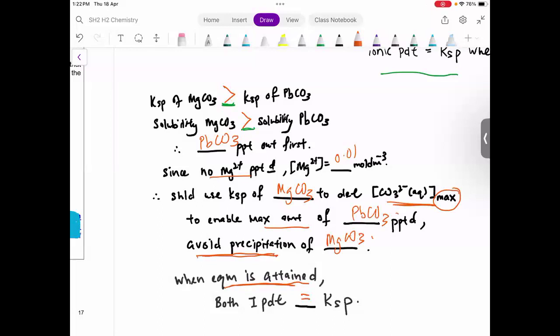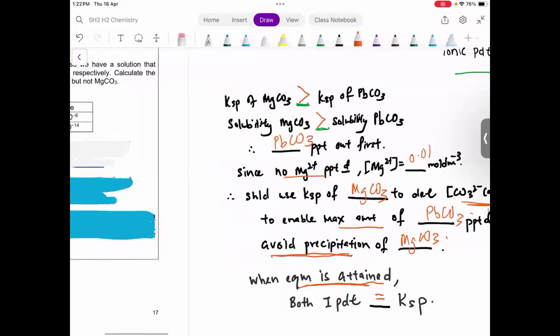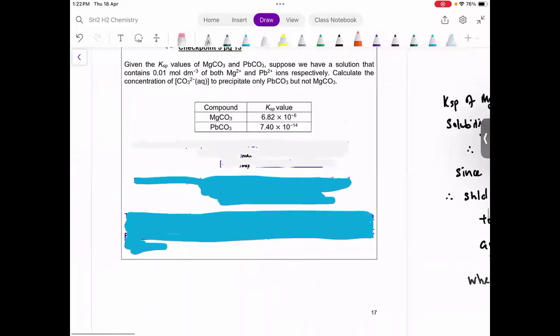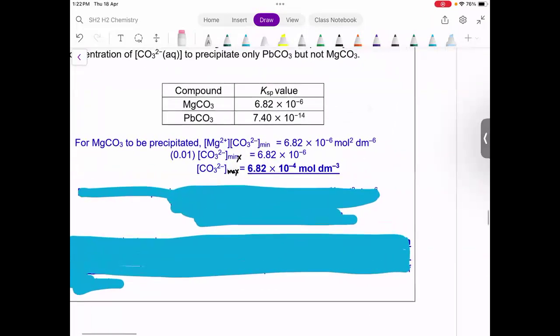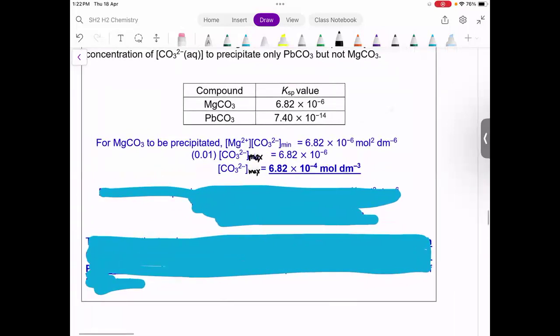So this is the explanation behind it, right? The calculation will just be this. That's it, I will not show the rest. Why is it 10 minus 12?